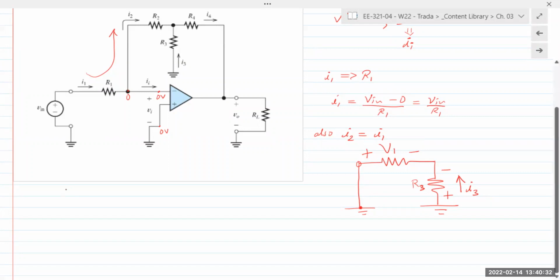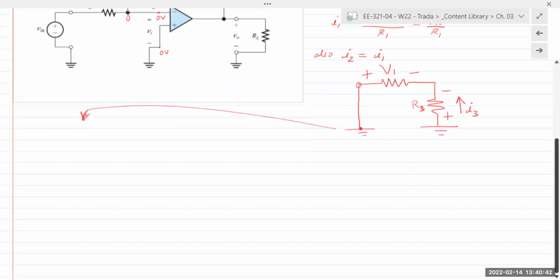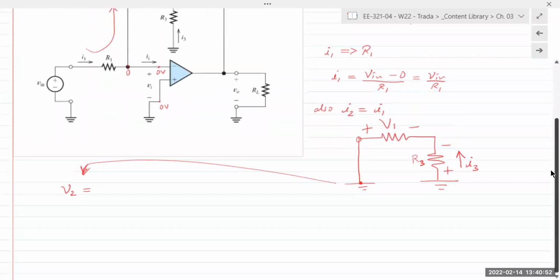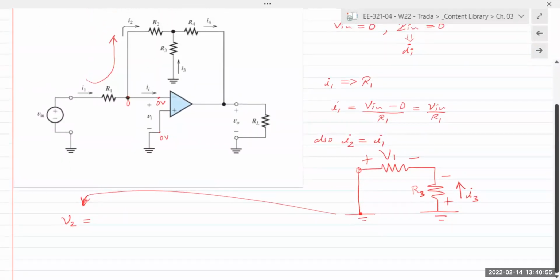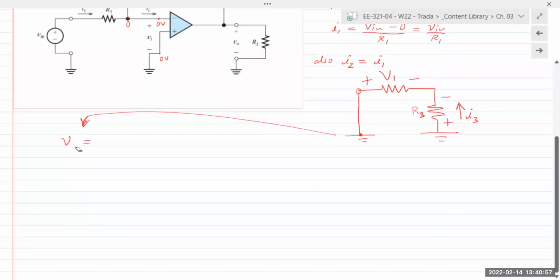Oh, VR2. So now I'm going to continue writing here on the left. Since I1 is equal to I2, I can write V2. I actually prefer to use the term VR2. VR2, the voltage across resistor R2, can be written as I2 times R2.